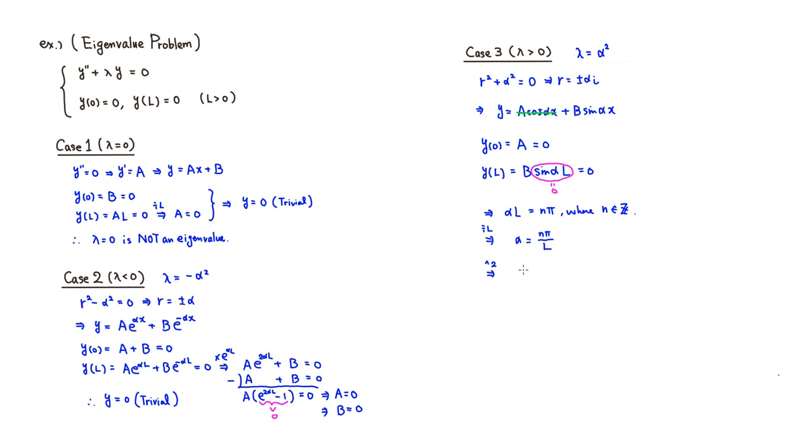So lambda, which is alpha squared, is n pi over L, squared. So this is the eigenvalue. Since it depends on n, I'm going to call it lambda n. So these are the eigenvalues.